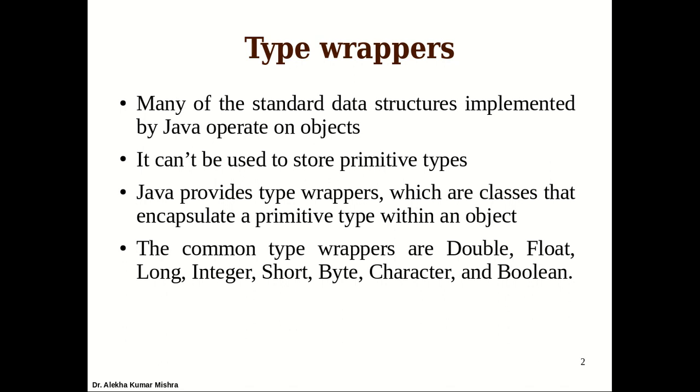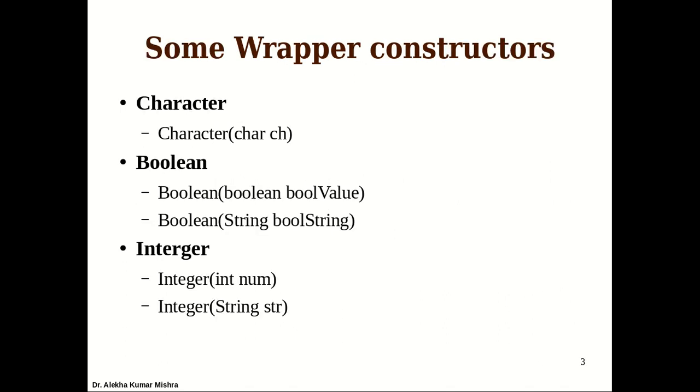Now, the common wrappers which are used so far, we'll see some examples here. Every time we create an object of the wrapper type, we generally take the help of a constructor. So here is the list of constructors for a character type. You can pass a character to a Character wrapper object. Boolean can take a Boolean string as well as a Boolean value.